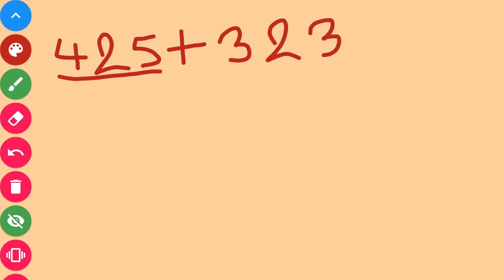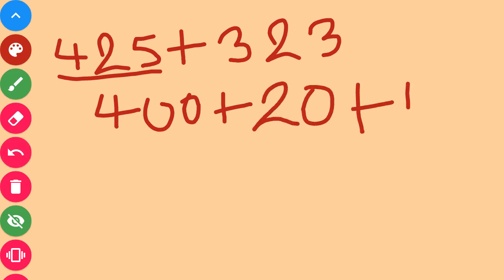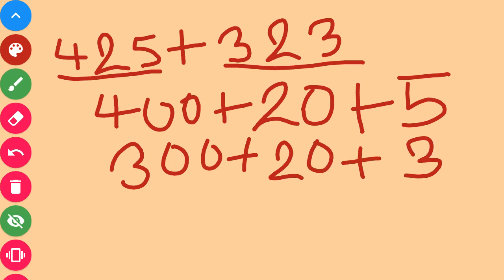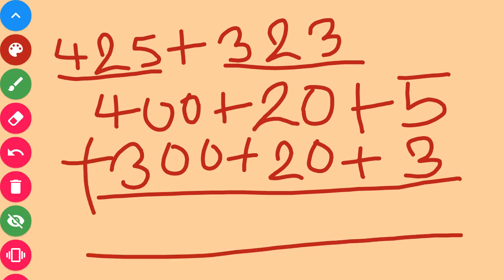So expanding 425 we get 400 plus 20 plus 5. Now expanding 323 we get 300 plus 20 plus 3.